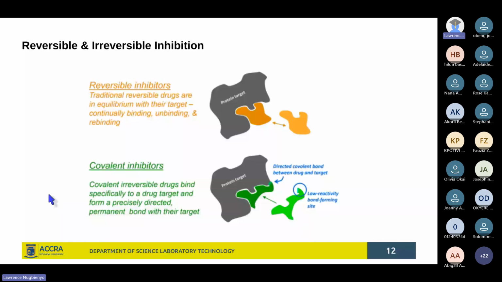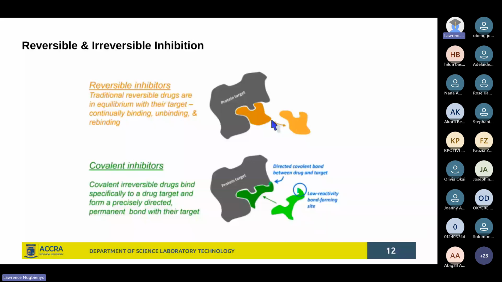So here is being depicted a protein target, that is an enzyme, and an inhibitor is represented by the orange structure. And you see the arrow is showing that the inhibitor can bind and unbind from that protein target. And so that's a reversible reaction.